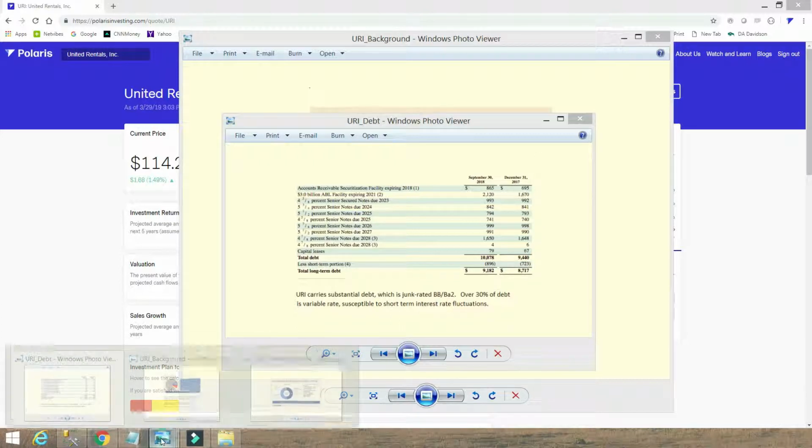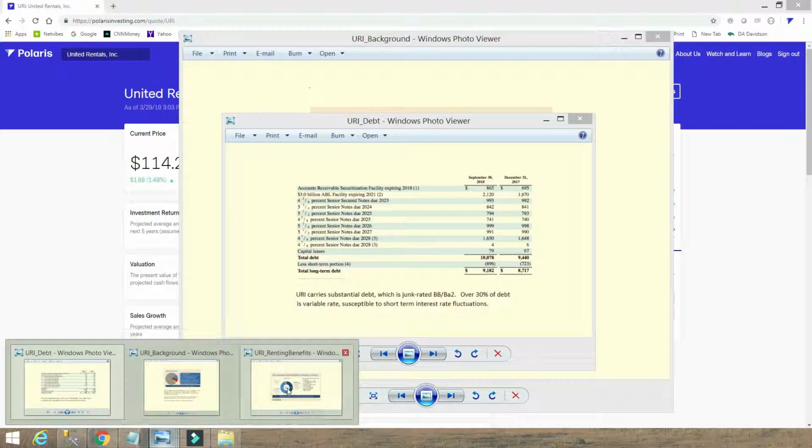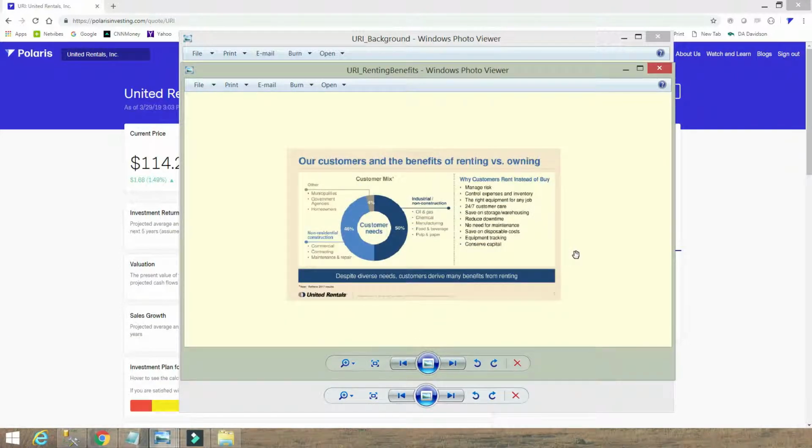Another thing of note is, why do customers rent from companies like United Rental? Well, primarily it's managing risk in their inventory expenses. Equipment that they need on a job typically varies quite a bit from week to week, so instead of owning all that equipment, they can rent it as it's needed. You don't have to worry about maintaining the equipment.